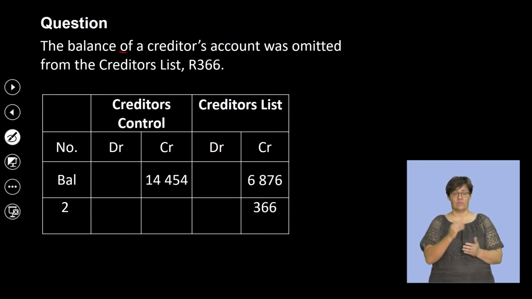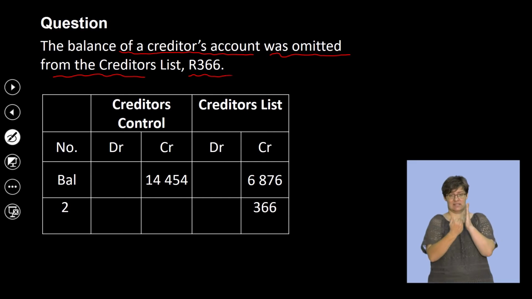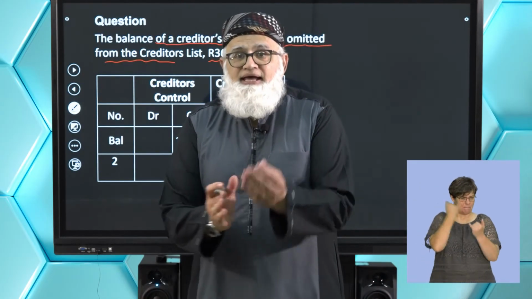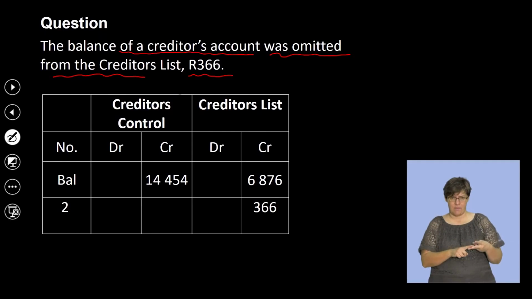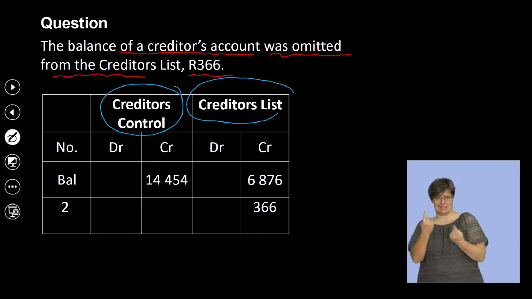The balance of a creditor's account was omitted from the creditors list. How much? 366. So immediately I tell myself, remember I said talk to yourself, where's the error? Is the error in my control account or is the error in my list?